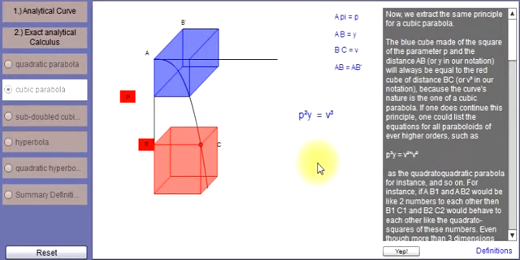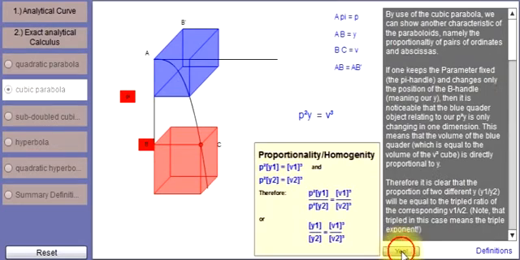And this is also holding for other types of paraboloids, as we shall see. But now Leibniz does something else very interesting. He says that the nature of the curve is not solely defined by its analytic expression, but also by a proportionality of different points on the curve.